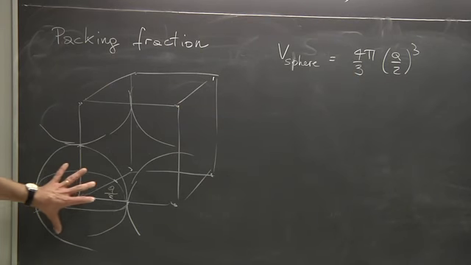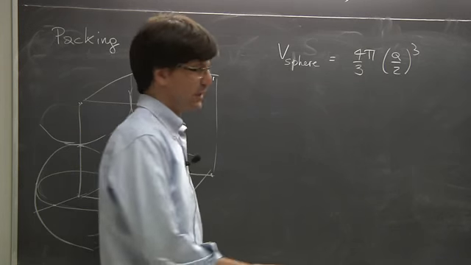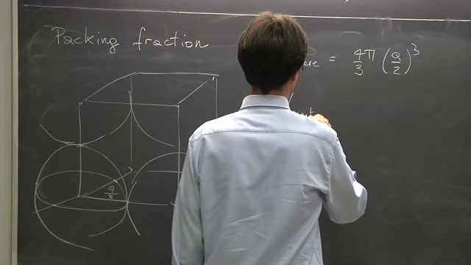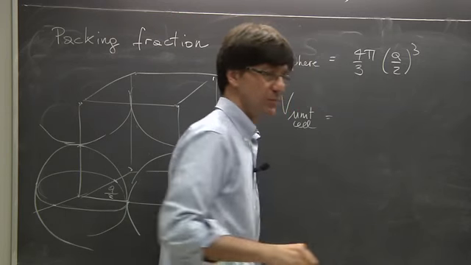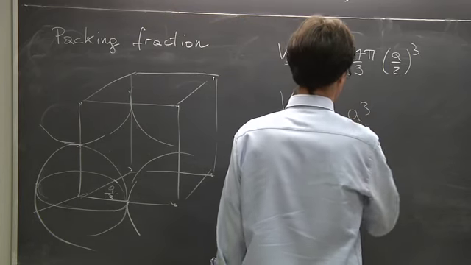That's the volume of one sphere. What's the total volume available per Bravais lattice point? It's the volume of the unit cell. Volume of the unit cell? A cube. Great. Packing fraction?